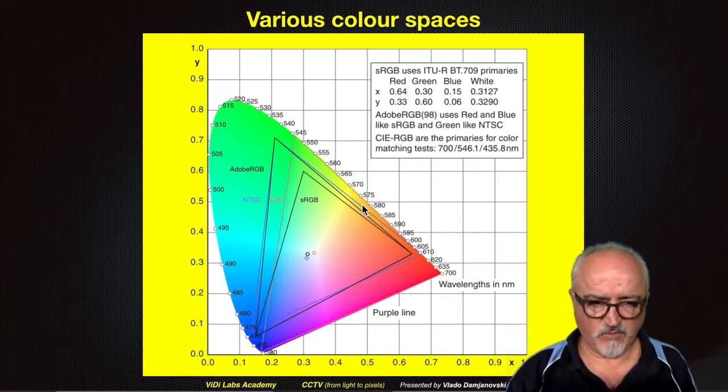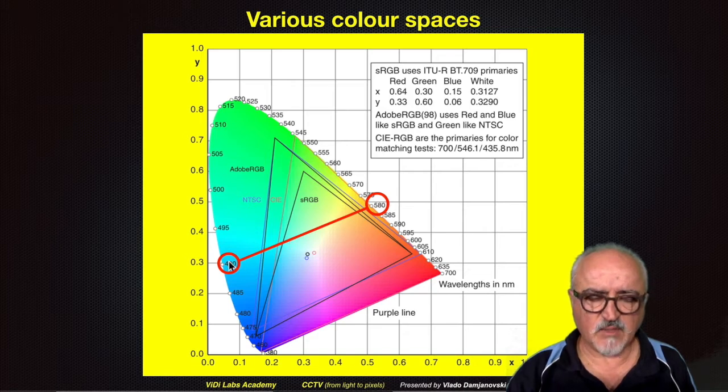For example, if we have 580 nanometers, kind of orangish colors, and let's say take 490 nanometers. So if we make a line between 490 and 580, the idea of this is that any color that sits on that line can be produced by mixing certain proportion of 490 nanometers and 580 nanometers.